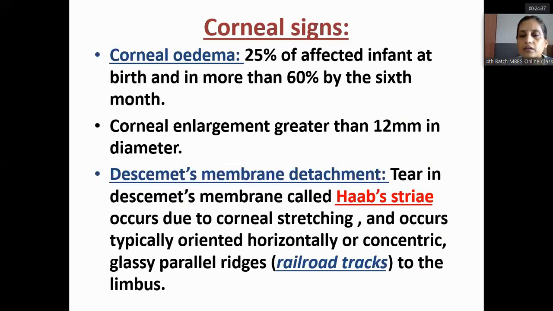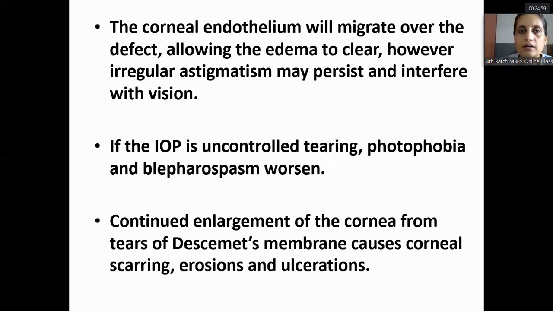This is a very important term, and it is given to you in your exam also. Even in spotters, I have seen the examiner bringing slides with this picture. So the corneal signs are very important for you. What is Haab's striae? These are simply horizontally parallel rays to the limbus.